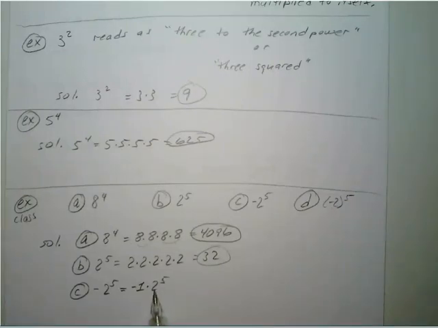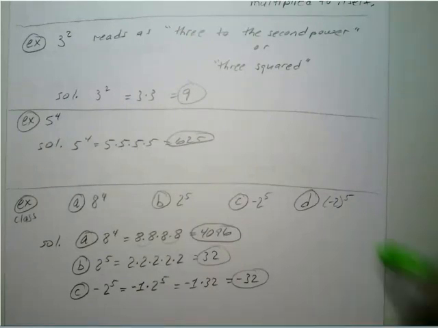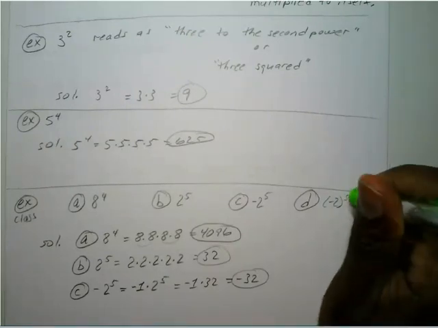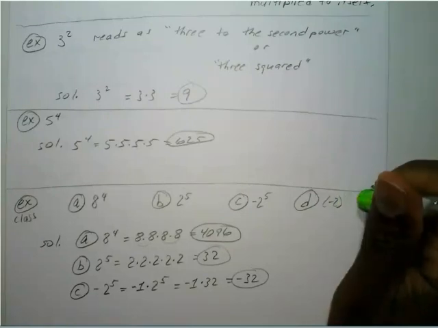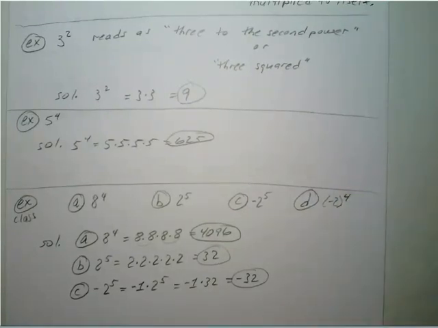So when you don't have the parentheses, we know that 2 to the 5th power is 32, so this ends up being the same as saying negative 1 times 32, which is negative 32. Okay, now with this one, instead of negative 2 to the 5th, we're going to change that to negative 2 to the 4th power, only because I want to kind of show you something.